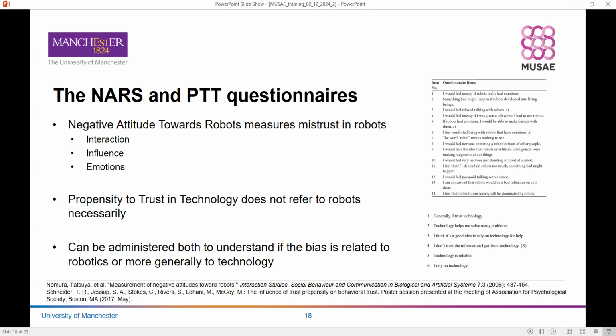This is strictly related to robots. If you're looking for something more general, you can look up the propensity to trust in technology questionnaire, which refers to technology in general. And I would say this is a good questionnaire to measure bias, especially since you all have very diverse applications to consider.